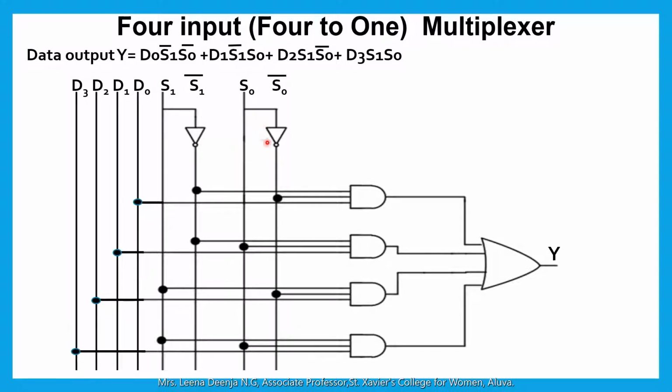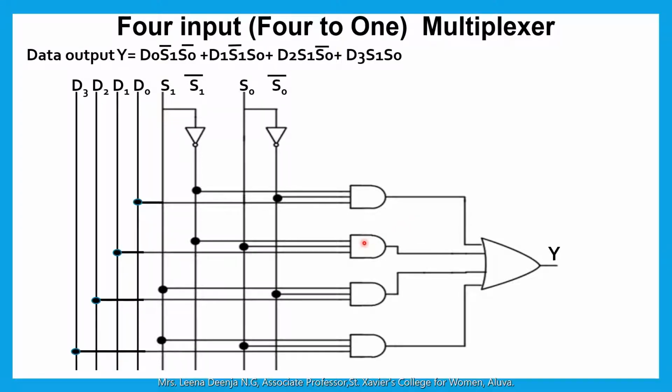And we connect another NOT gate to this S0 input, then we get S0 bar. And here for the first term it is D0 S1 bar S0 bar. So for getting this we connect D0 to first AND gate, then S1 bar and S0 bar as the inputs for this first AND gate. Then we get the output as D0 S1 bar S0 bar.